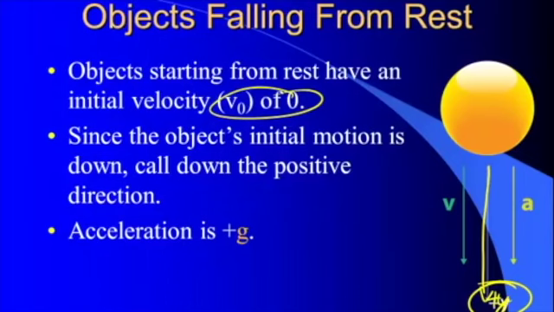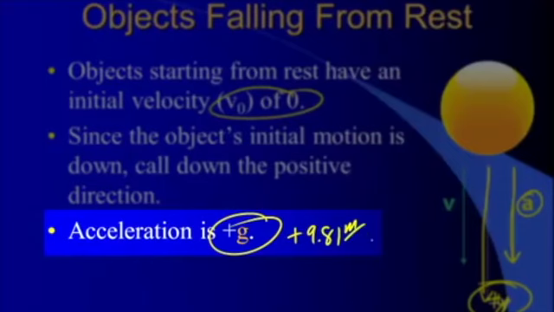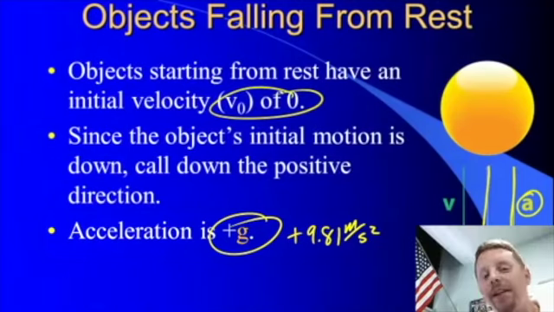Then when we look at the problem, we also realize that the acceleration, which is down toward the center of the Earth, points in the same direction as our positive axis. Since they point in the same direction, our acceleration is going to be positive g, or positive 9.81 meters per second squared. Other than that, it's just a standard kinematics problem.